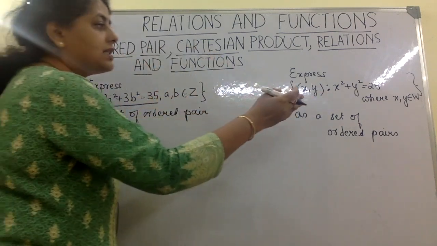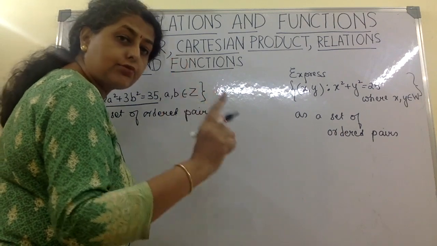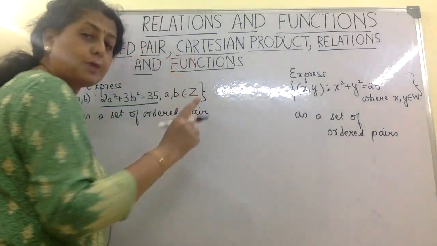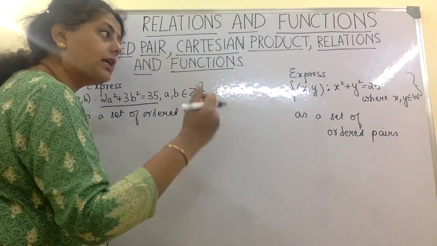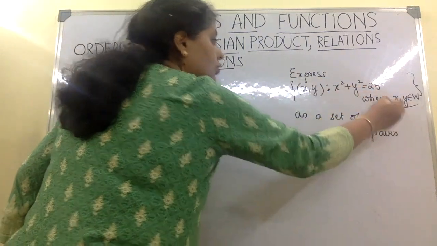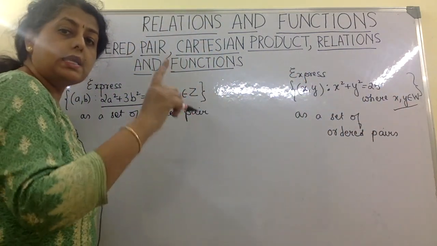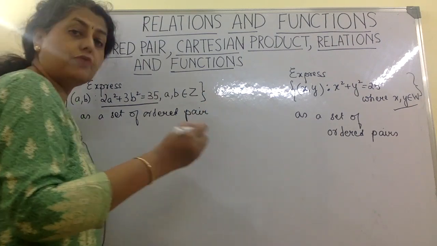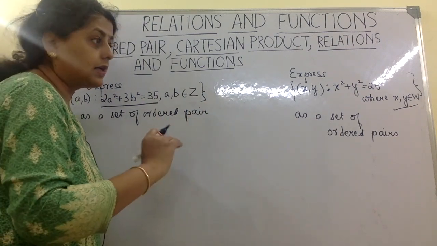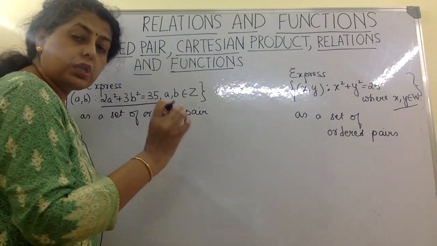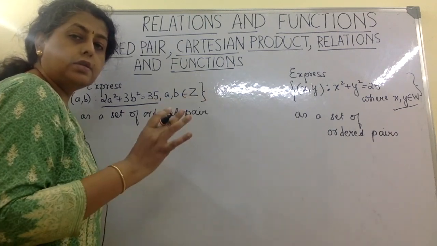The given condition is x square plus y square is 25. And x and y should only belong to whole numbers, very important. So we can't take negative numbers, we can't take fractional numbers. It should start from 0 and end in infinity.